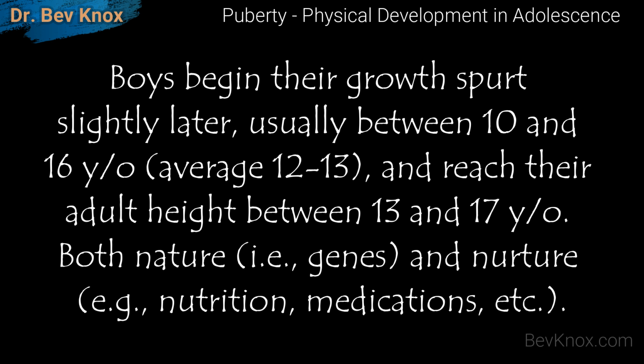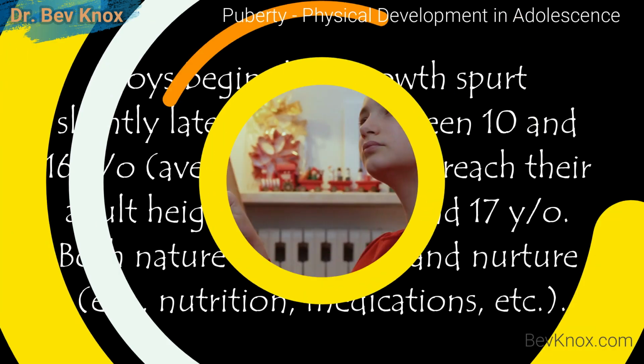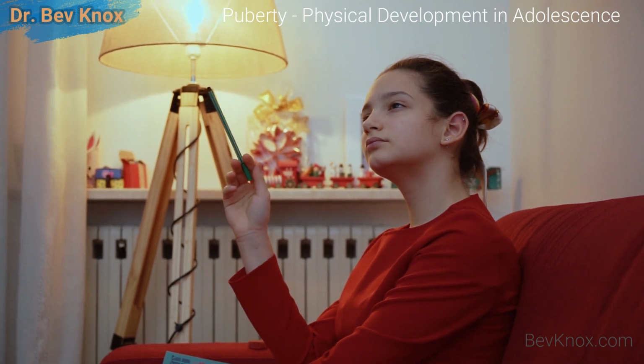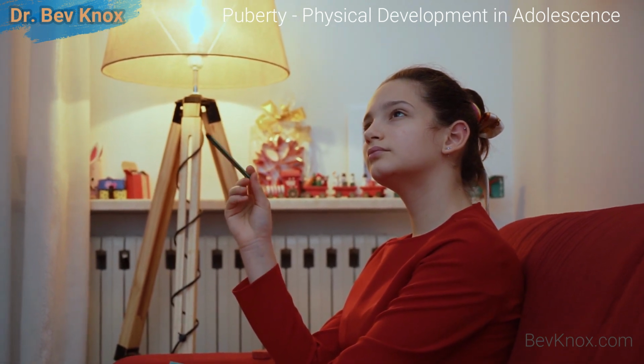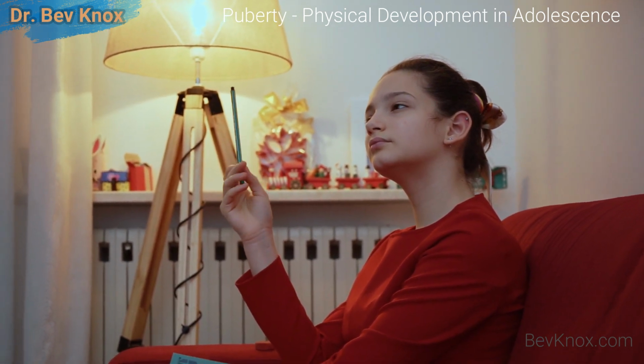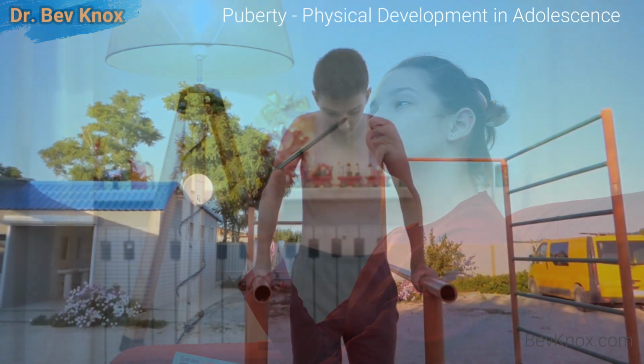Both nature, which refers to genes and biological influences, and nurture, which refers to nutrition, medications, and medical conditions, in other words, environmental influences, can influence both height and weight. Before puberty, there are nearly no differences between males and females in the distribution of fat and muscle.